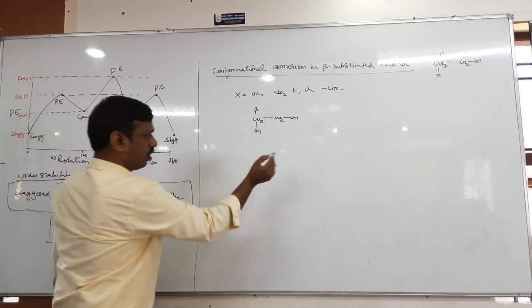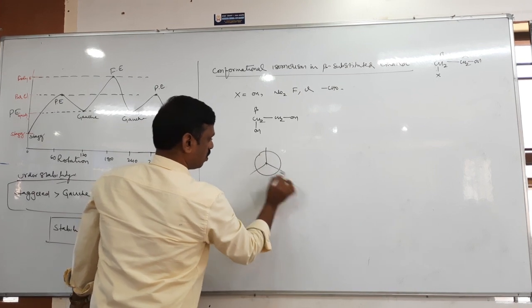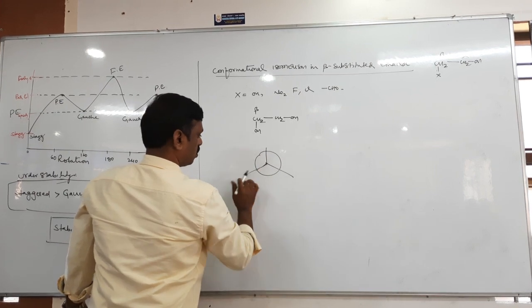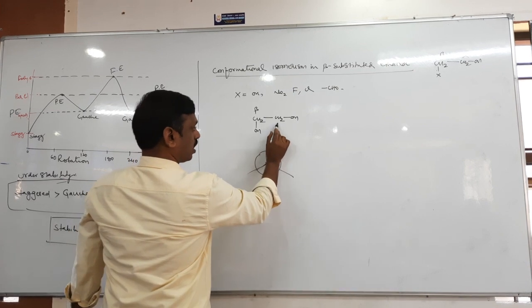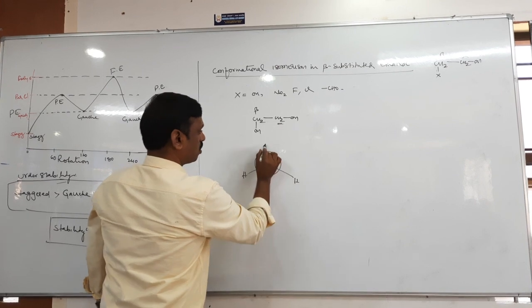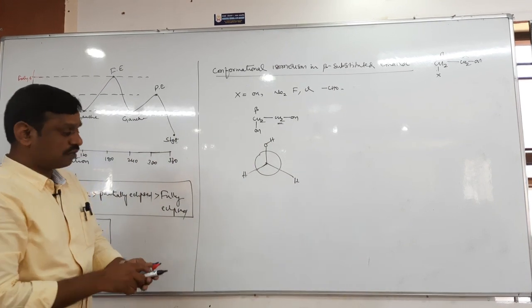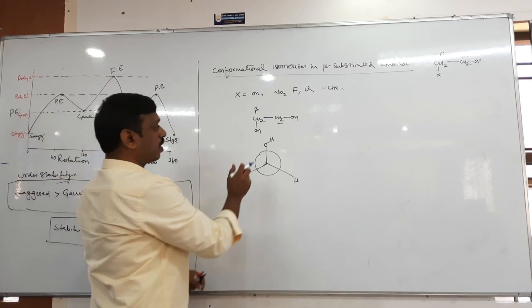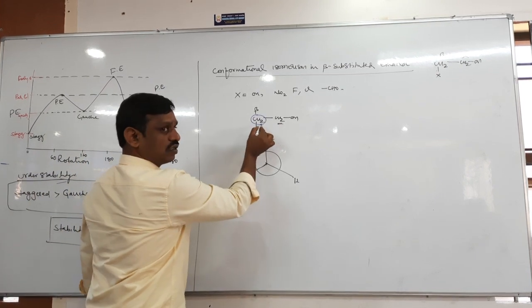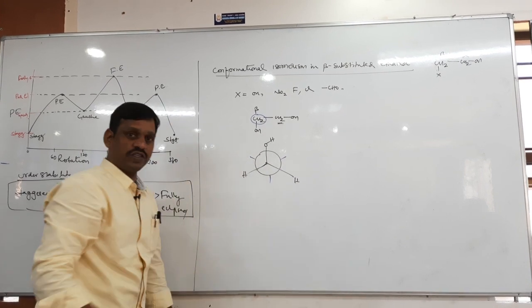To write the conformation, take the front carbon, which has two hydrogens and one OH. Next, the back carbon, the beta carbon, has two hydrogens and one OH.